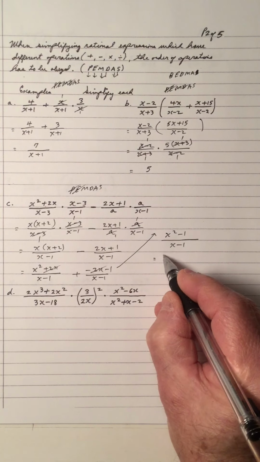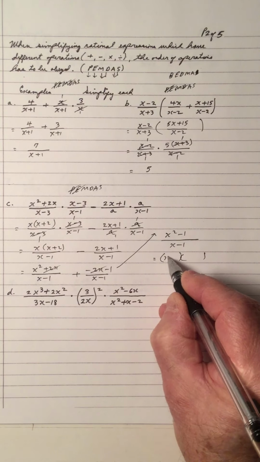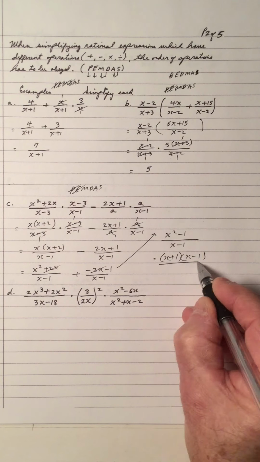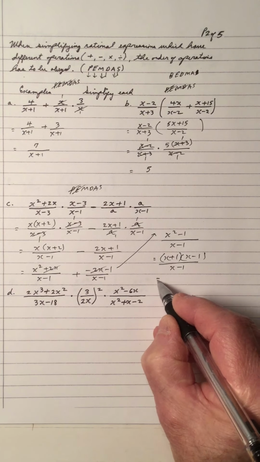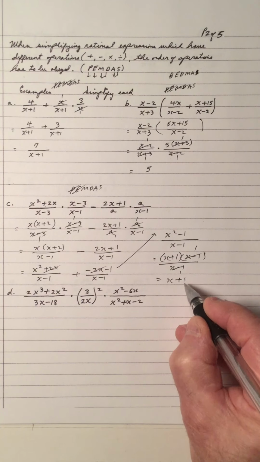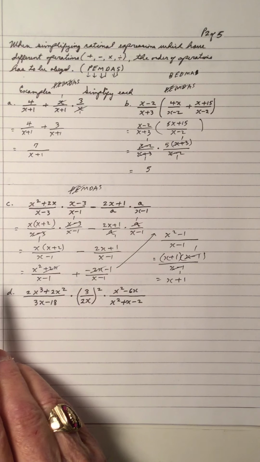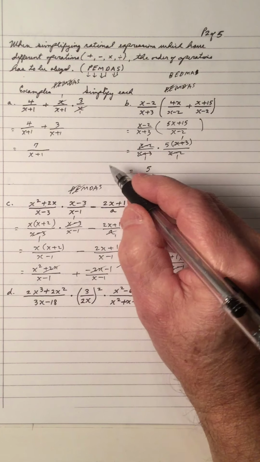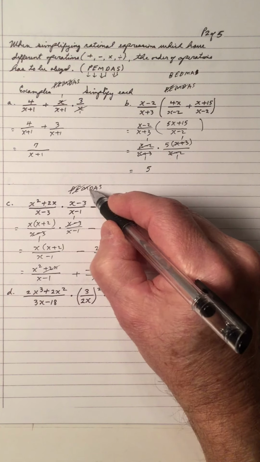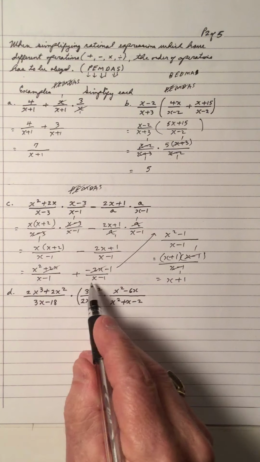And the numerator is the difference of two squares, x and x, 1 and 1, plus minus, all over x minus 1. X minus 1 cancels top and bottom. So, working out these, you have to obey. After I did the multiplication, which was right here, I have the addition and subtraction.